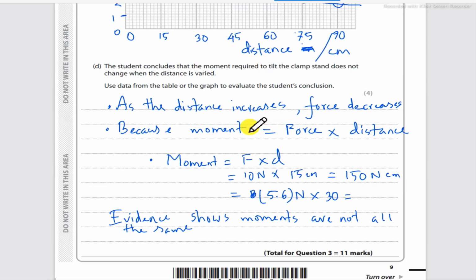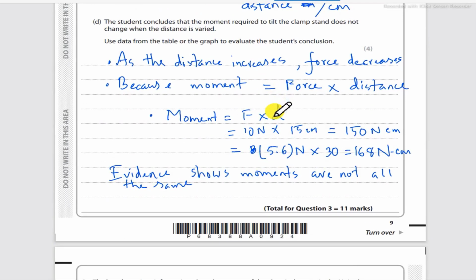We can calculate: 5.6 into 30, so 168 Newton centimeter. So evidence shows moments are not all the same.